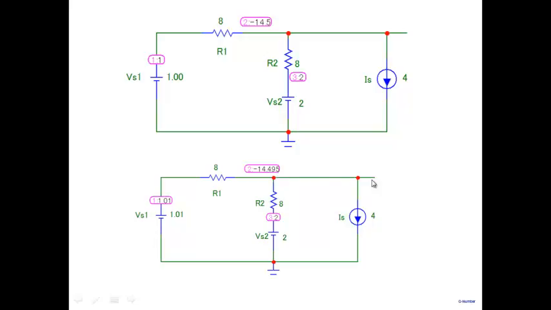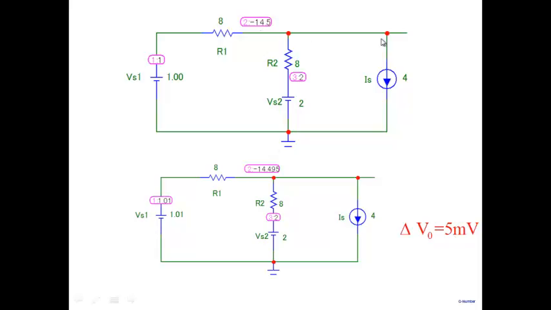So if I were to ask how much is the change in output voltage in response to a change in Vs1, I would take this value, subtract it from this value, and get an answer which is 5 millivolt. That's one way of doing it.